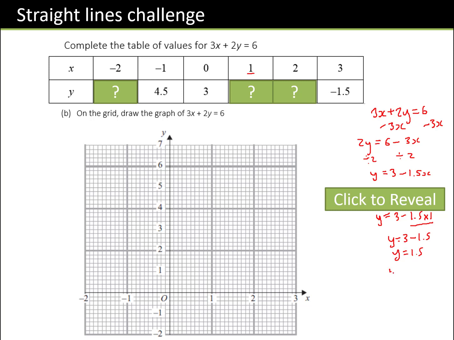Now let's try when x equals 2. So you try this yourself as well if you want. 3 minus 2 times 1.5. So you should know that 2 times 1.5 is 3, so that becomes 3 minus 3. So y equals 0 there.